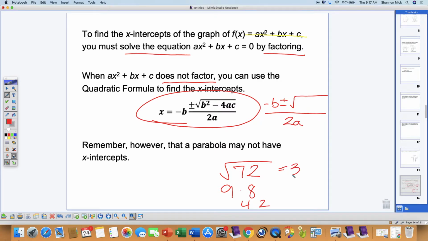What's the square root of 4? 2. So 2 times 3, and then you have 6 square root of 2. That is what we will do in here. You have done it, we need to brush it off. We will not use a calculator decimal, we will use actual square roots. Okay?